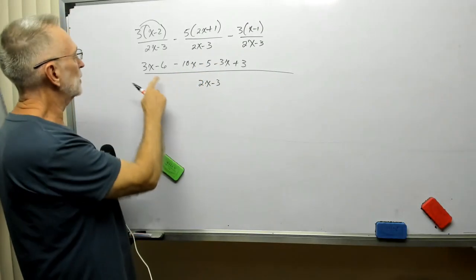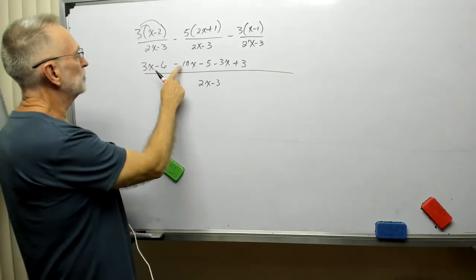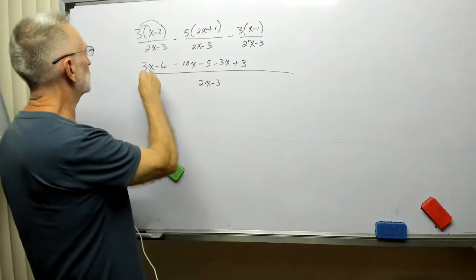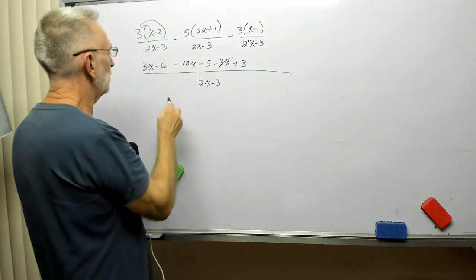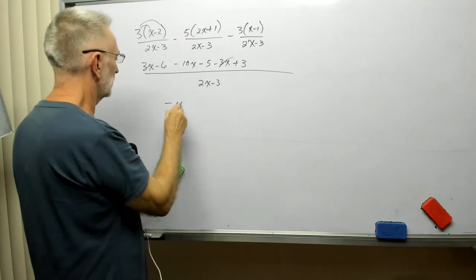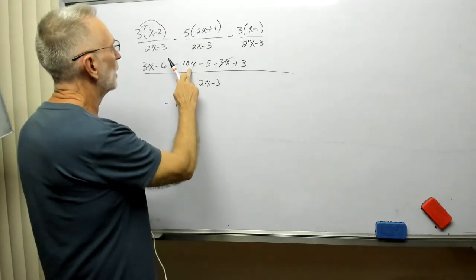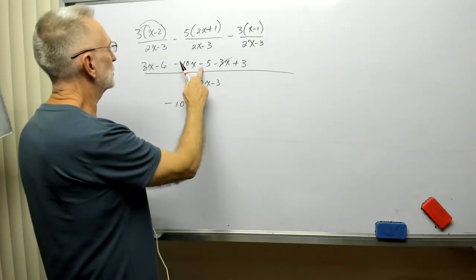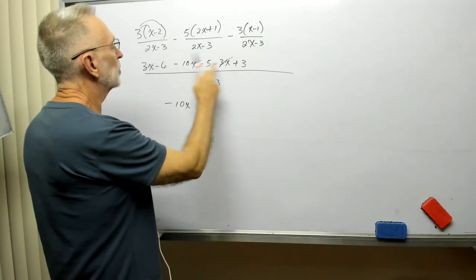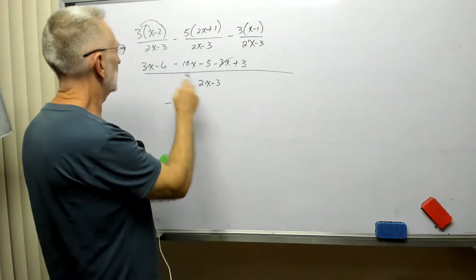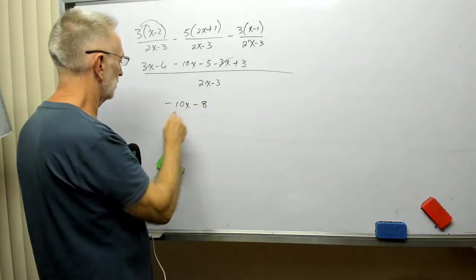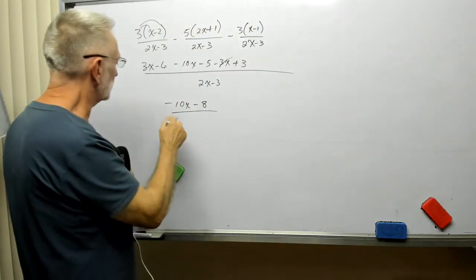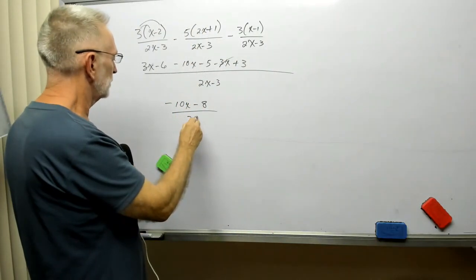All right, let's collect terms. 3x minus 10x, well, 3x minus 3x, those cancel. So I'm left with a negative 10x. And then negative 6 minus 5 is minus 11. Plus 3 is minus 8. All over, let me make certain, yeah, negative 10x minus 8 over 2x minus 3.